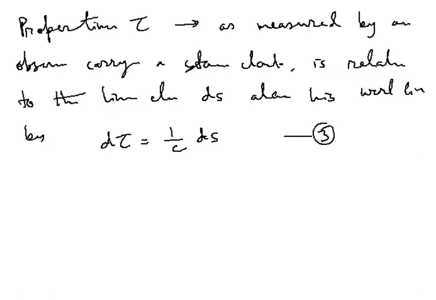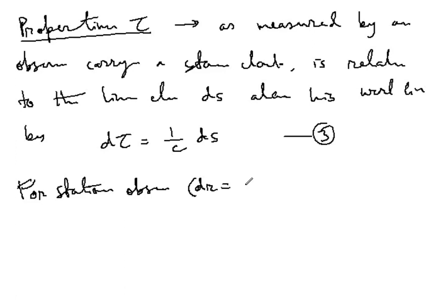Now you see, for a stationary observer, this is proper time. So for a stationary observer, that means dr equal to d theta equal to d phi equal to what? Stationary, 0.